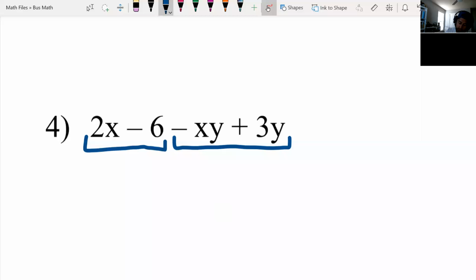I would say no factor, right? On 2 and 6. Oh, you could do the 2, which would leave you with x minus 3.